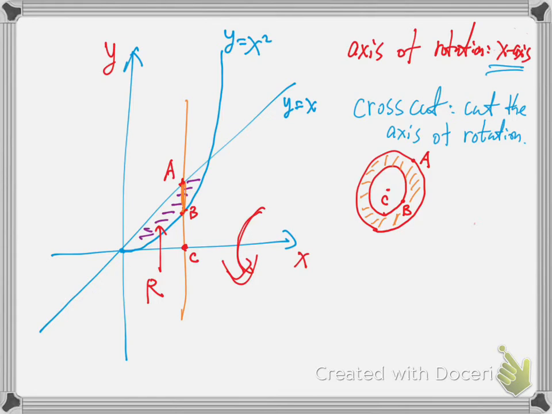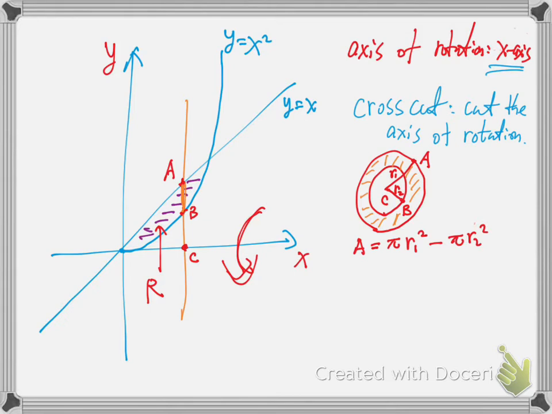So the first step is to find the area of this annulus for the cross cut. Let's say this is R2 and this is R1. The area of the annulus A will be pi R1 squared minus pi R2 squared, the bigger disk minus the smaller disk.